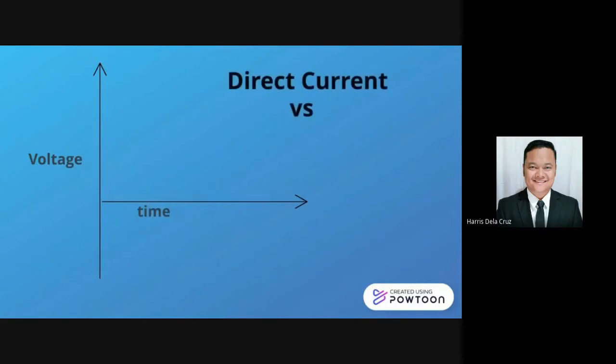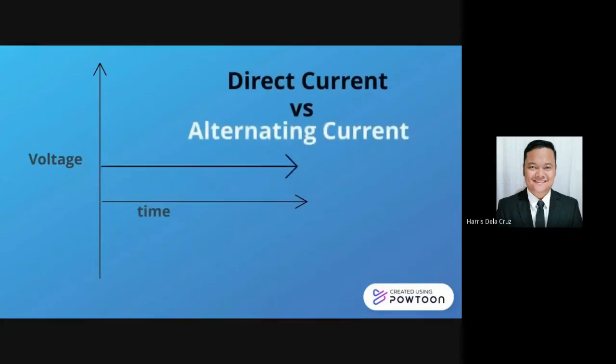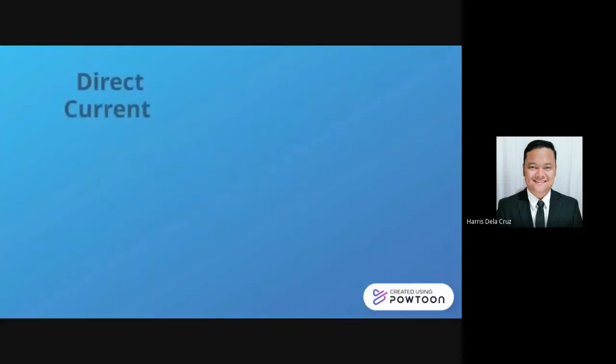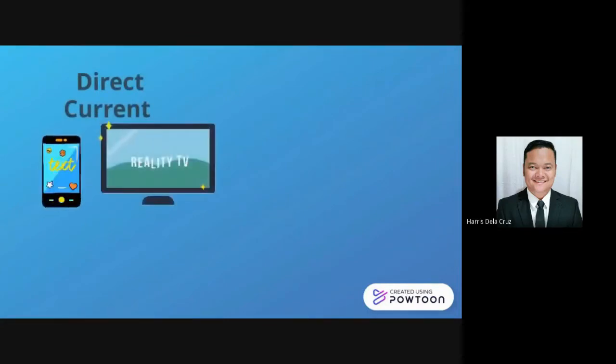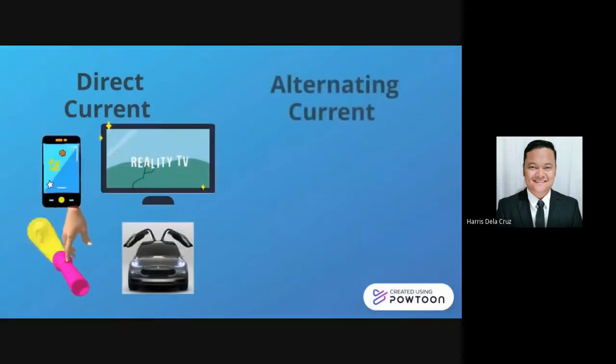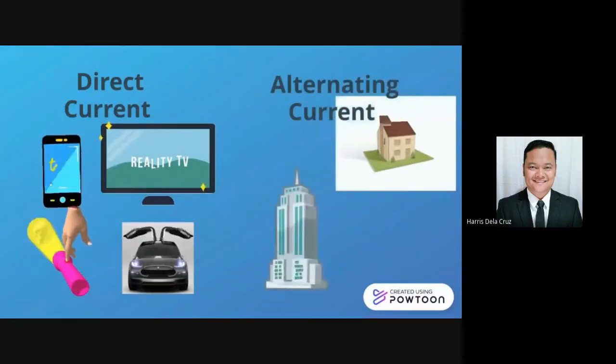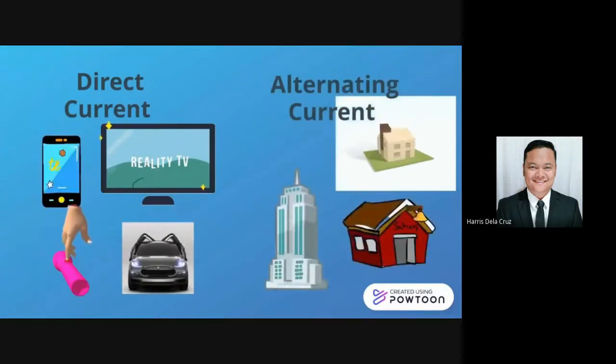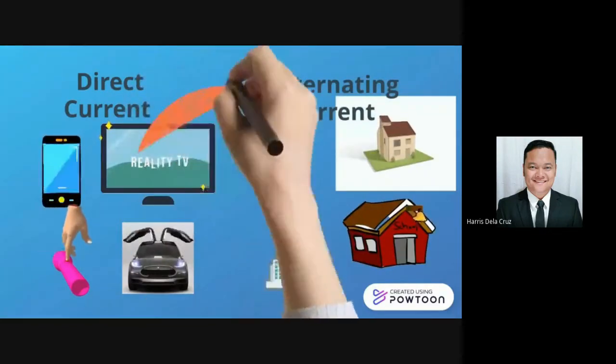DC current has constant voltage, therefore it has no current. Examples of DC electronics include cell phones, TV, flashlights, and hybrid vehicles. While AC is used to deliver power to houses, office buildings, etc. And that is how calculus is applied in capacitors. And that was a wow fact.